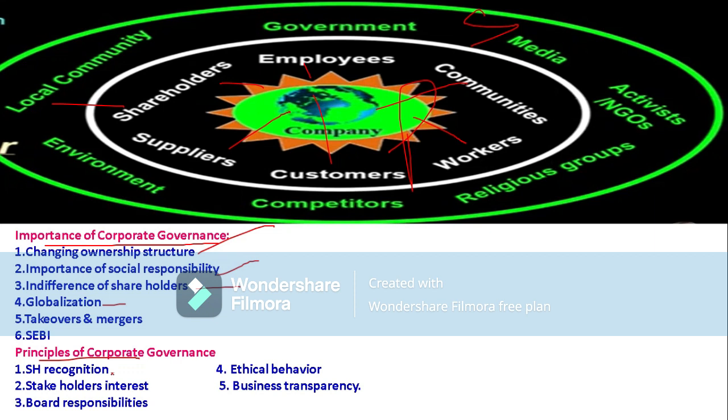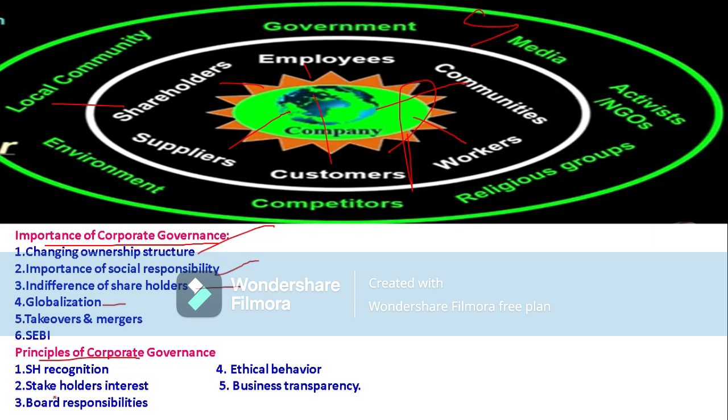So it gives some recognition to shareholders. The first and foremost principle of corporate governance is shareholder recognition, because they are the persons who are investing in the organization. Next one, stakeholders' interest.